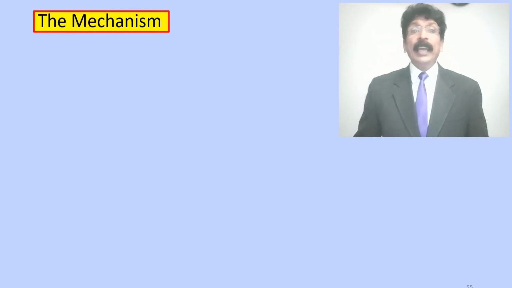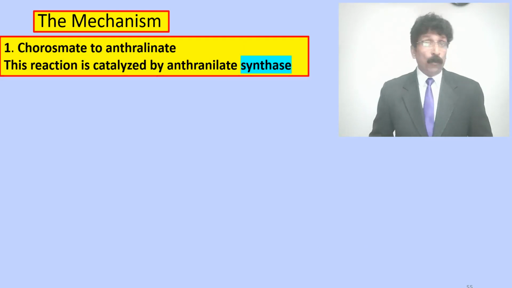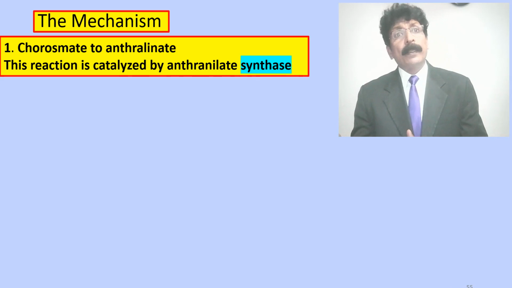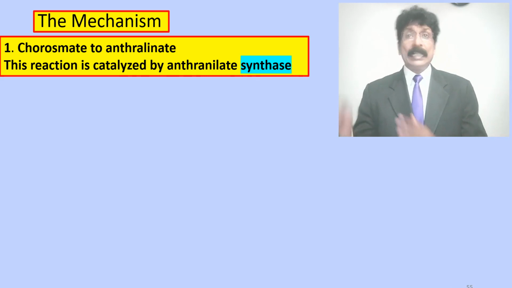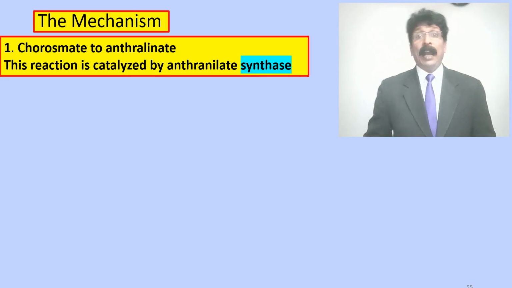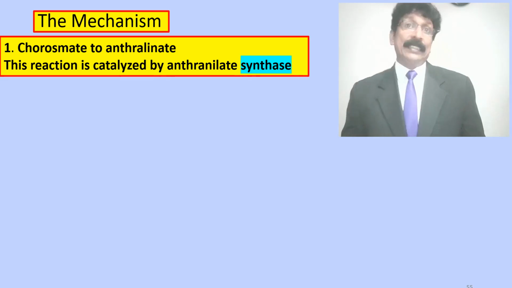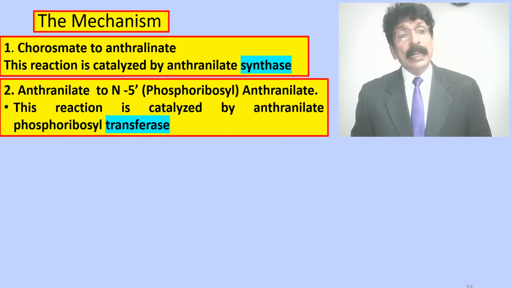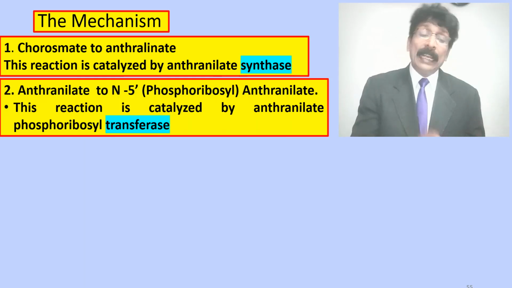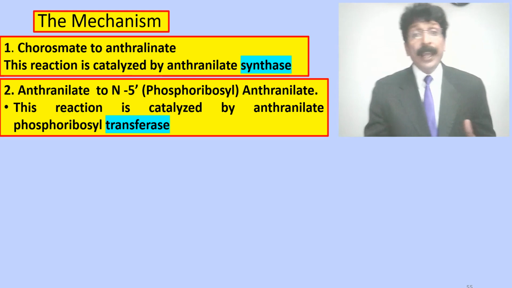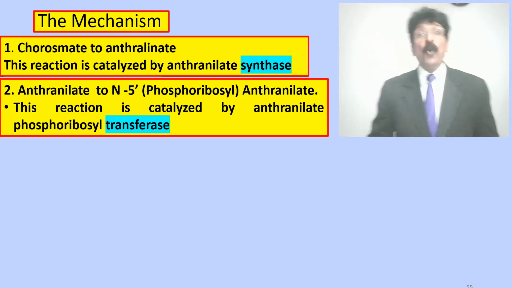Here it has 5 steps. Number 1, chorismate is directly converted to anthranilic acid or anthranilate. This reaction is catalyzed by anthranilate synthetase. And second step, anthranilate is converted into N5-phosphoribosyl anthranilate.